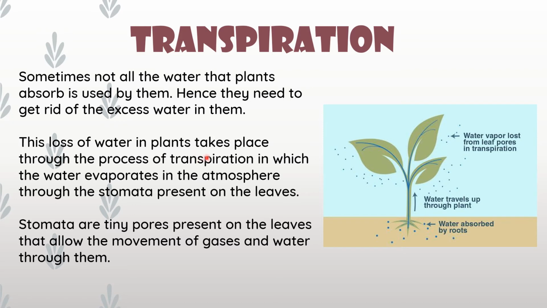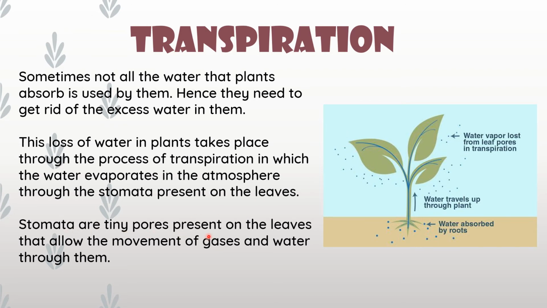This loss of water in plants takes place through the process of transpiration, in which the water evaporates into the atmosphere through the stomata present on the leaves. Stomata are under the leaves, beneath the leaf. They are small pores, called stomata. Through the stomata, the excess water evaporates to the atmosphere, and that evaporation is called transpiration.